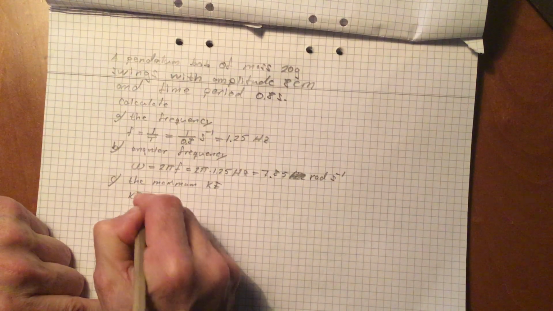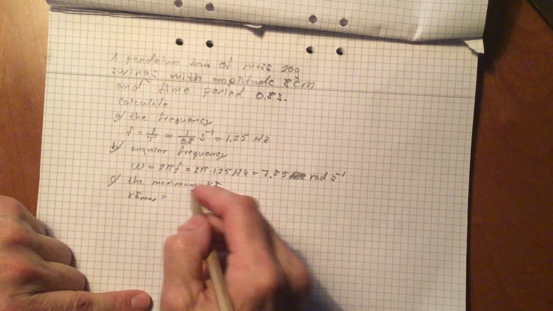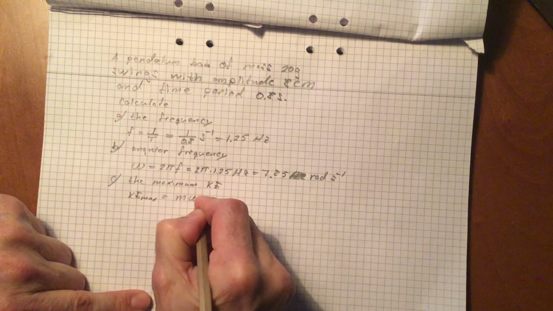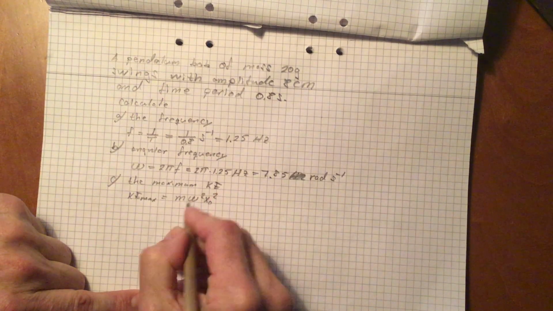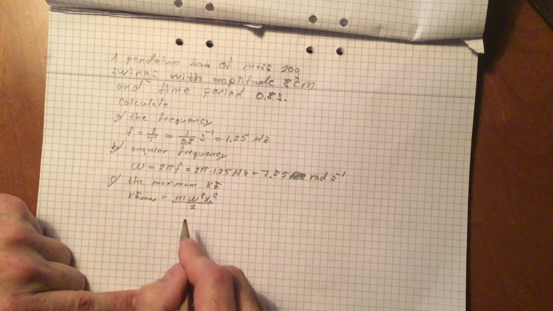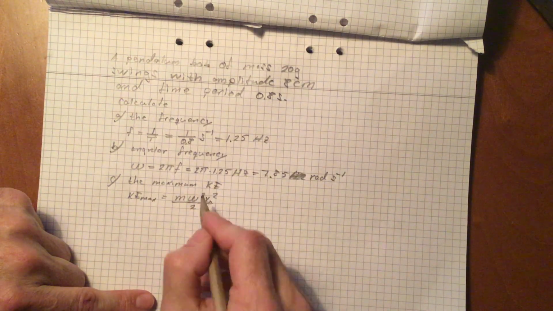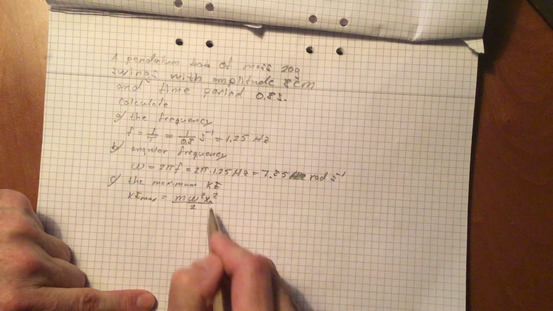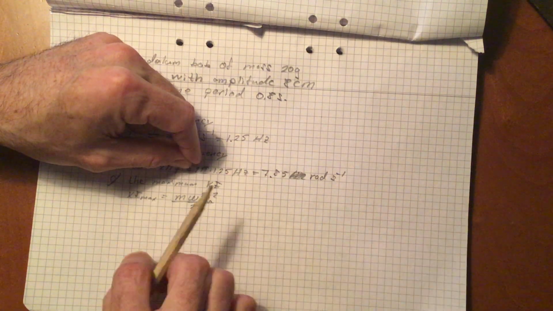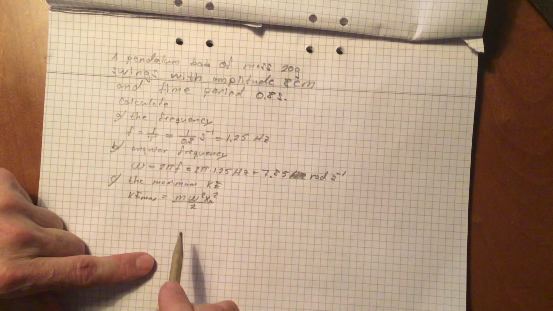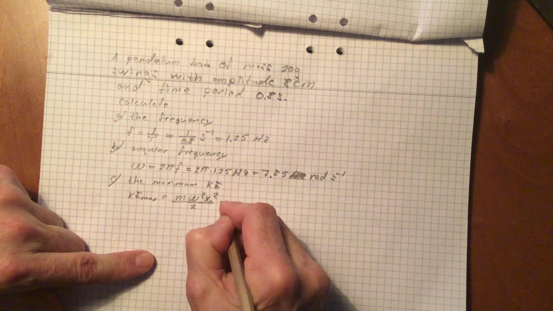So the maximum kinetic energy is equal to m omega squared times x0 squared divided by 2. When x is 0, it passes through the center, but you need the amplitude anyway, because if the amplitude is higher, it will gain more speed before it reaches it. So the speed and the kinetic energy will be higher.